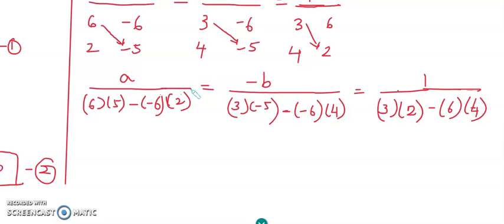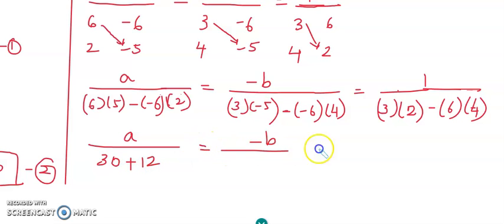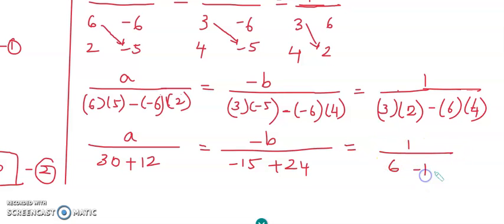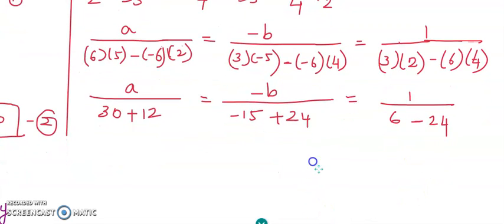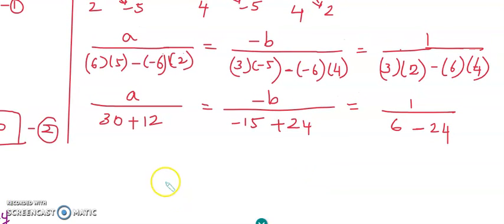Now let's open it. So this will become a upon 30 plus 12, equals minus b upon minus 15 plus 24, equals 1 upon 6 minus 24. Now what will I get? a upon 42 equals minus b upon 9.